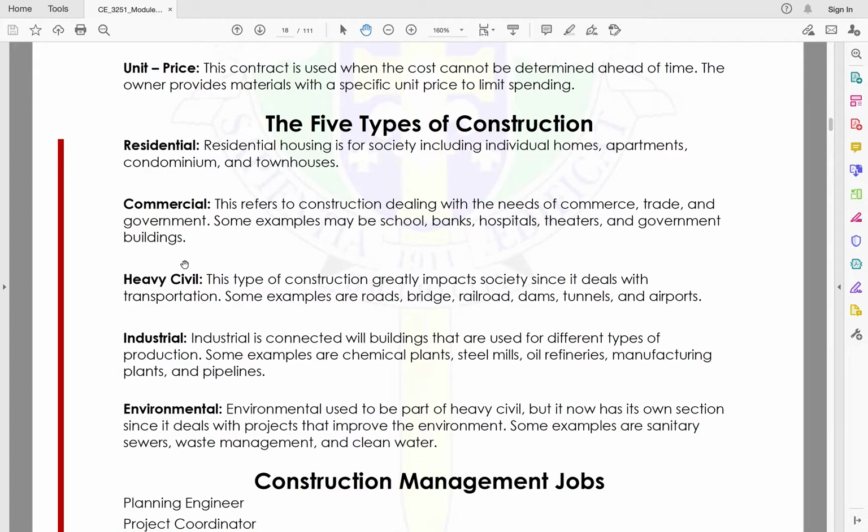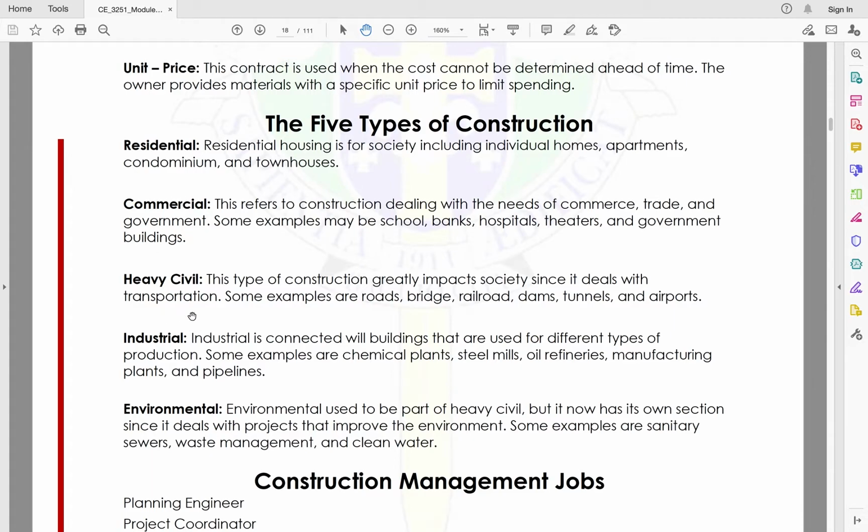Recreational, office, school, yan. Mga commercial space yan. Next is heavy civil. But going back sa commercial space, anything that is... I forgot the term. Anyways, balikan na lang natin later on.